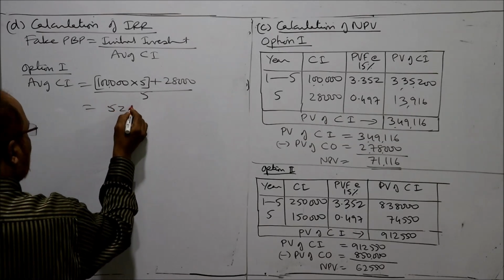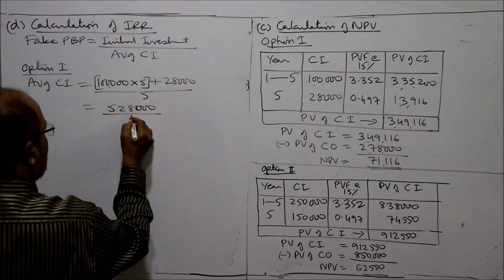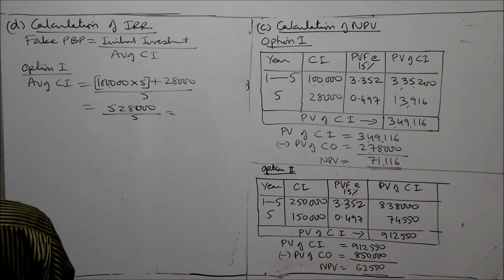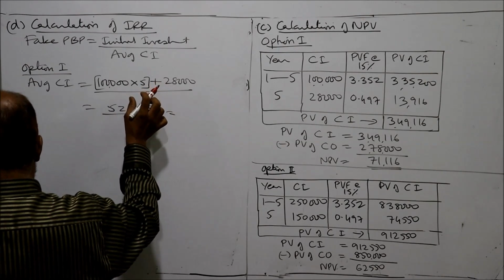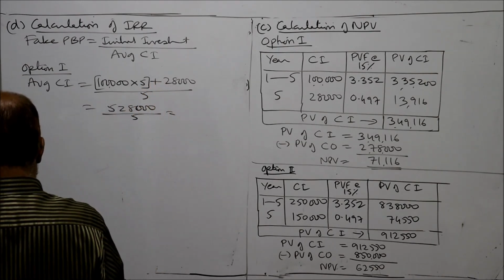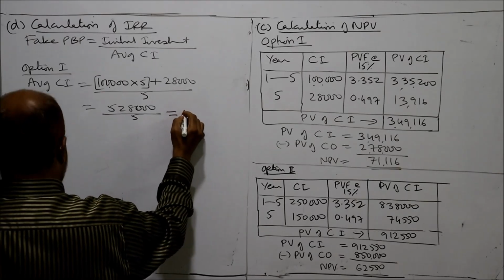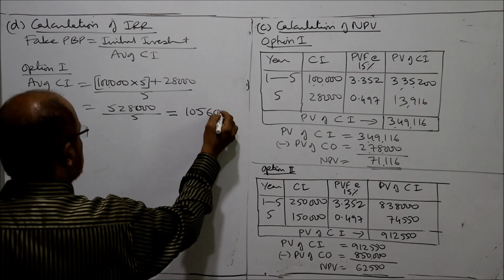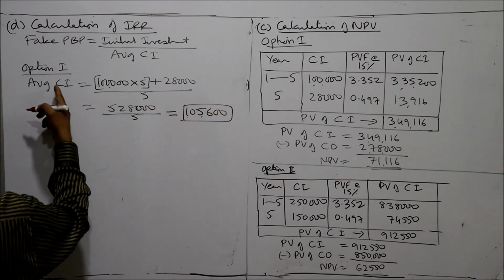That is equal to 5,28,000 divided by 5. It comes to 1,05,600. This is the average cash inflow.